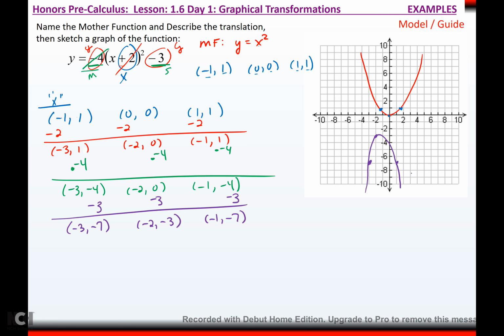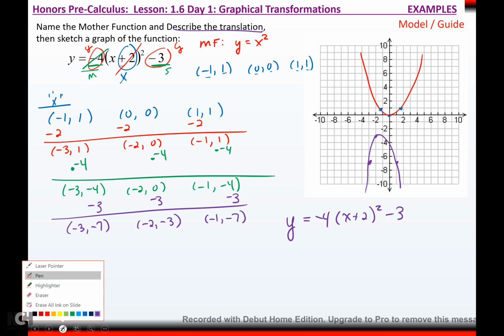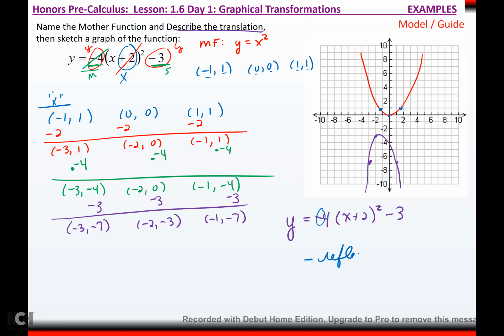Oh, we forgot to describe the translation. So let's do that. My function was -4 times (x plus 2) squared minus 3. We got a whole bunch of stuff. This negative is going to reflect over x. You can see it turned upside down. The 4 is outside, so it's vertical, and that's going to be a stretch bigger than 1.